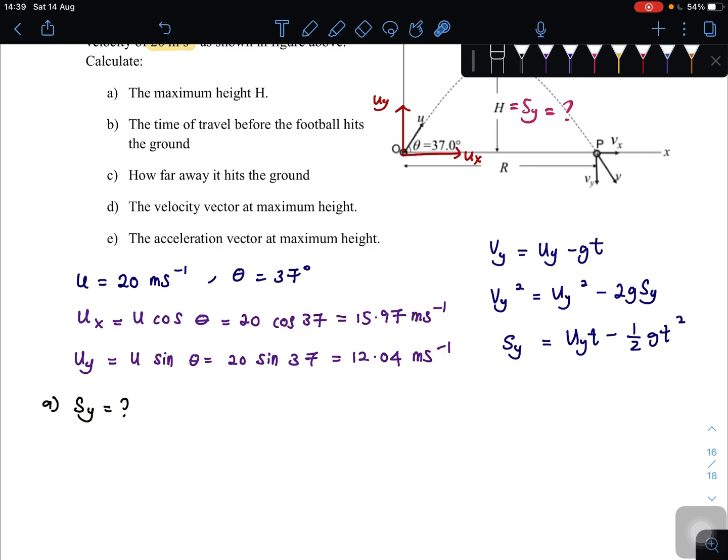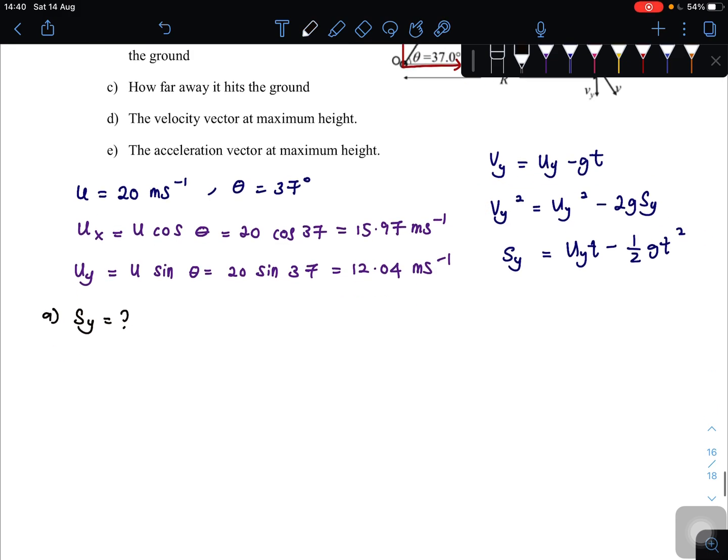So we need to look at the information given first. Untuk gunakan formula ni, if we want to use this formula, we need to have the value for T, which we don't have, so we cannot use this formula. Or you need to find the value for T first. But since we have this formula that doesn't require the value for T, we can directly use this one here.